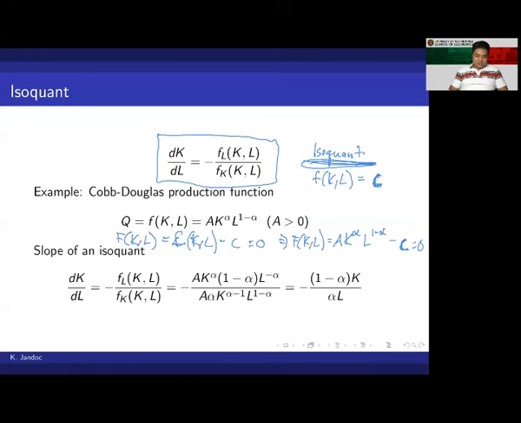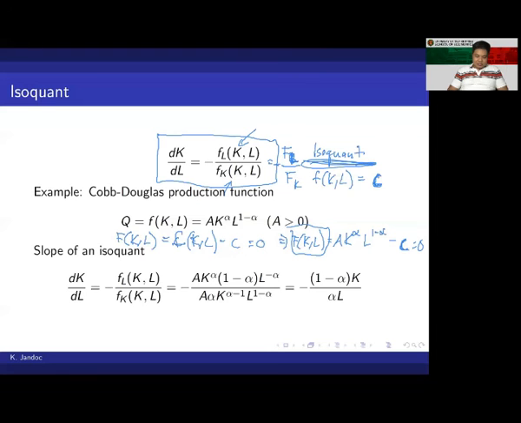In this case, the slope is the derivative of the production function with respect to L divided by the derivative of the production function with respect to K, and getting the negative of that. By the way, this is equal to Fk divided by Fl, and getting the negative.